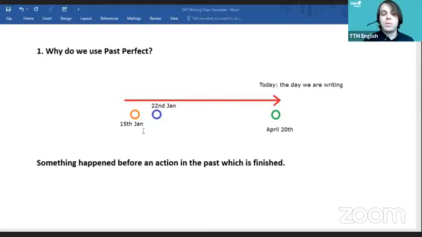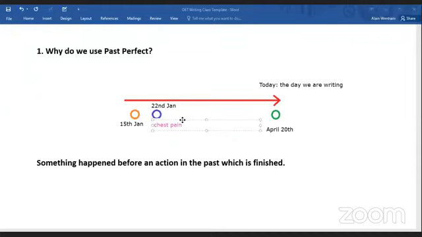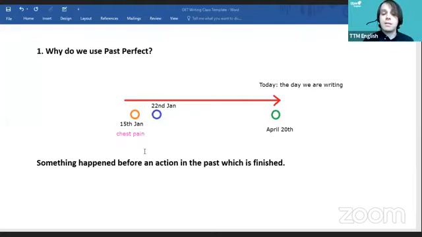Do I want to put it on the 15th or do I want to put it on the 22nd of January in the OET context, guys? You should know this already. Should I put it here? No, I'm going to say on the 15th of January only, Mr. Green felt chest pain, okay?